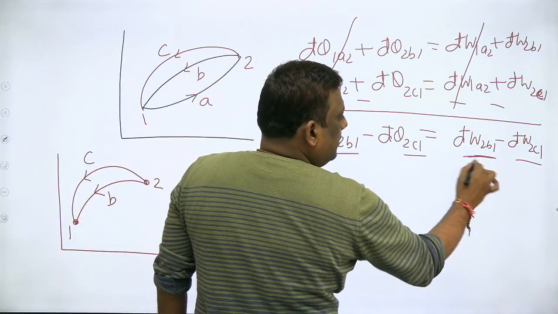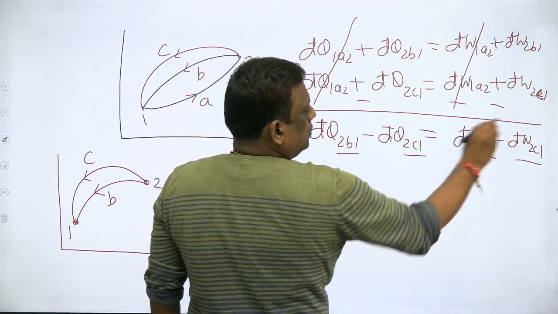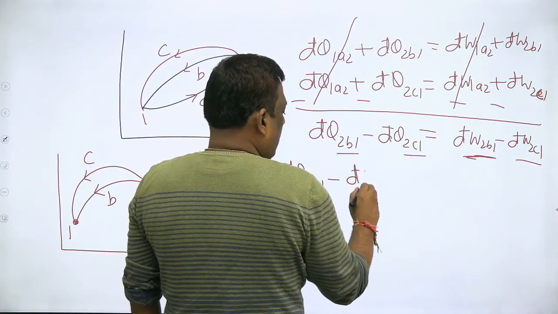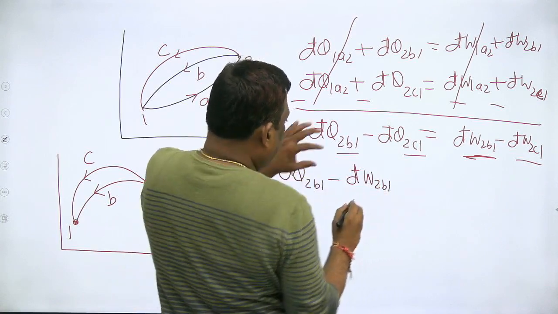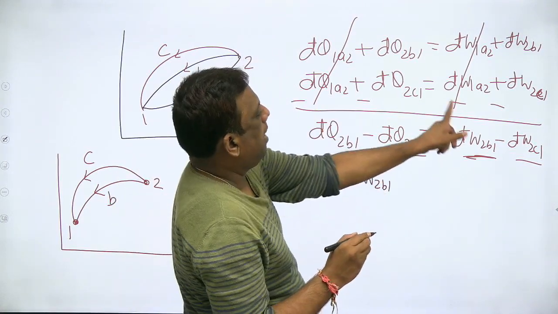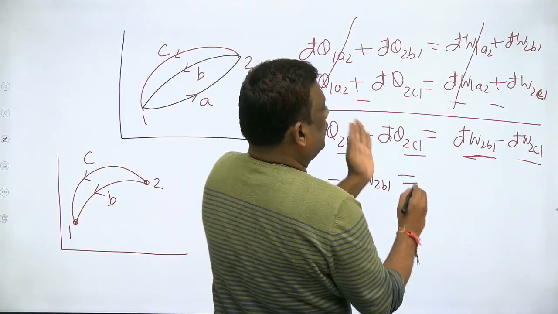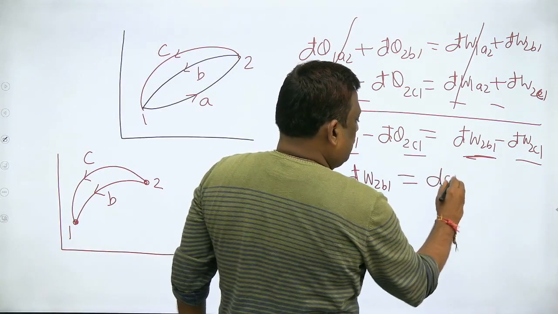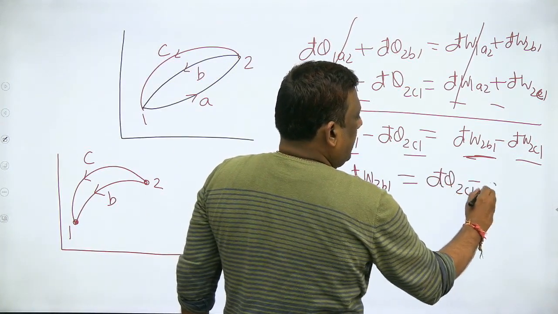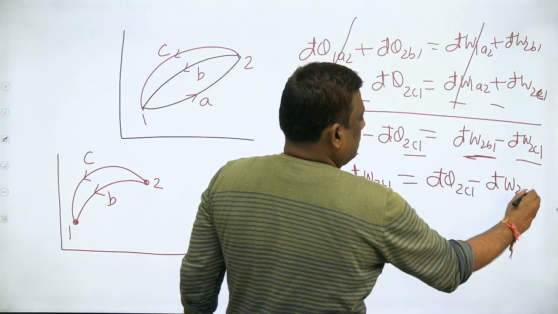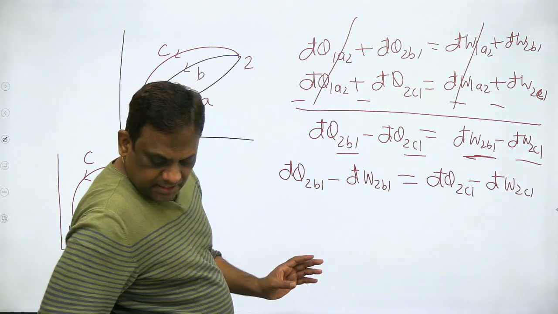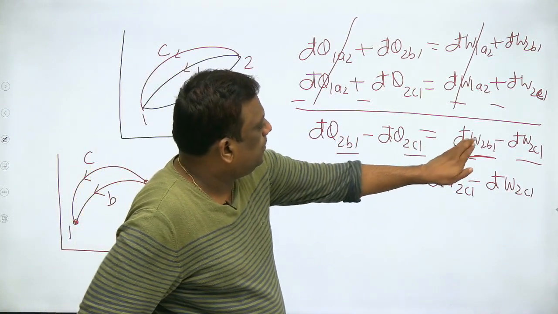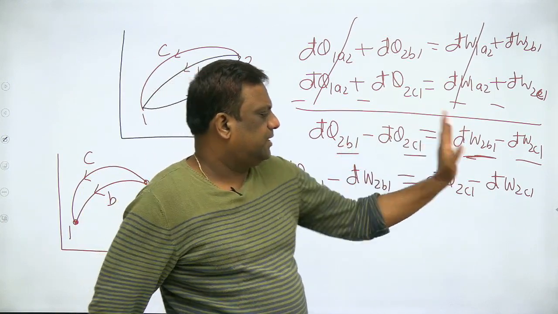Do one thing: bring this 2b1 to this side and throw this 2c1 to that side. So heat transfer for 2b1 minus work transfer for 2b1 is equal to heat transfer for 2c1 minus work transfer for 2c1. I repeat, I brought 2b1 to this side, just a rearrangement of the equation.